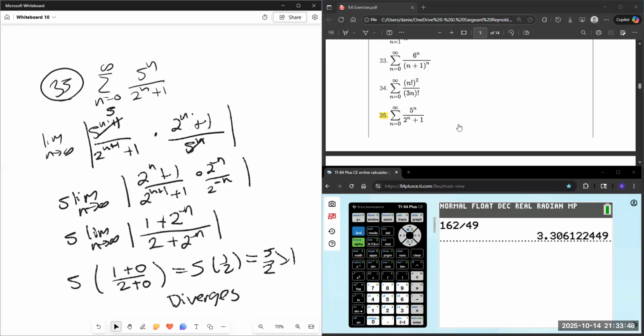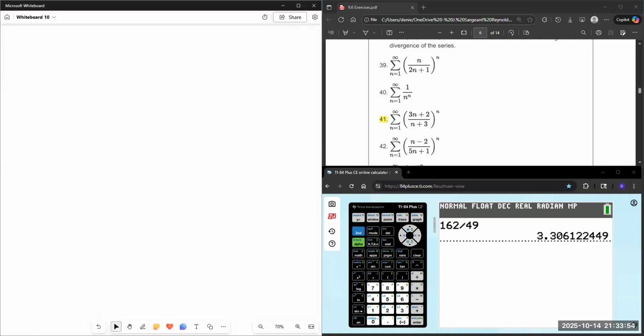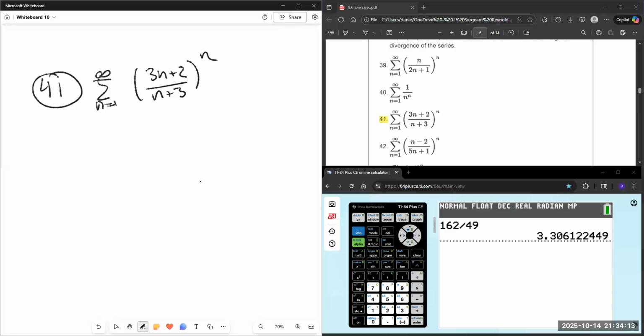Let's look at 41. Summation n equals 1 to infinity of ((3n plus 2) over (n plus 3)) to the n. This is a great time to use the nth root test because this is a function of n to the nth power.